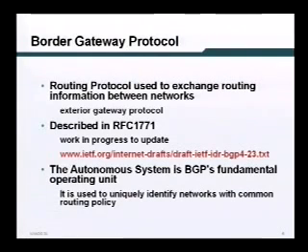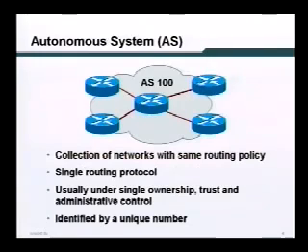BGP uses what's called an autonomous system. An autonomous system is BGP's fundamental operating unit, and it is used to uniquely identify networks with a common routing policy. So what's an AS? It's basically your network. You have a network with routers in it. Your collection of routers in your network is your autonomous system.